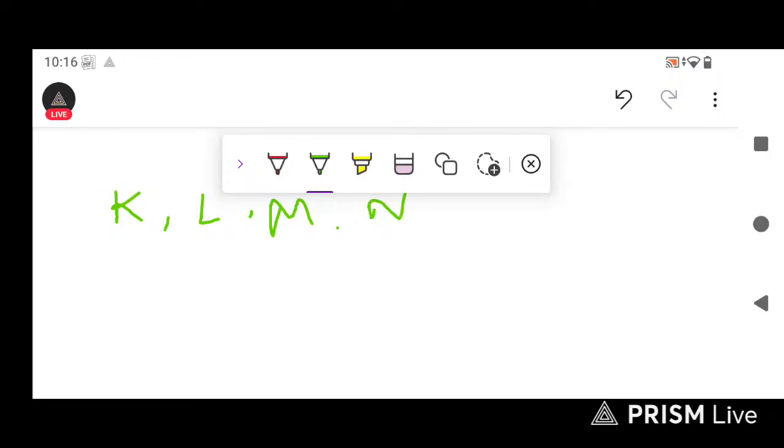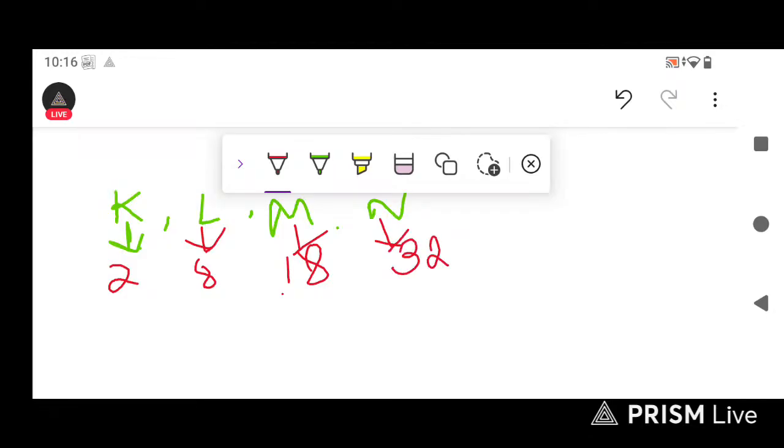K shell has number of electrons 2, L has 8, and M has 18, and N has number of electrons 32. So now we talk about the subshells. Here are the subshells. He divided the subshells into four blocks, that is S, P, D, and F.